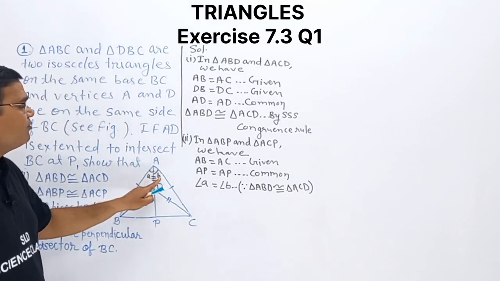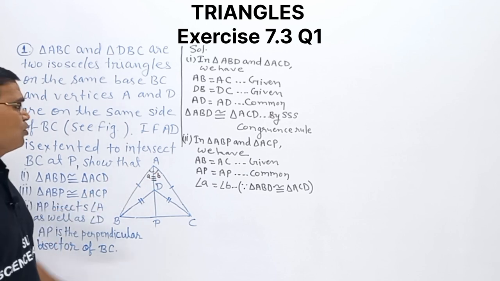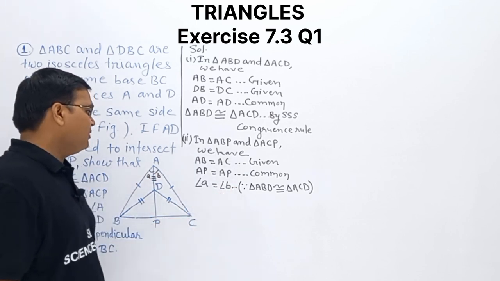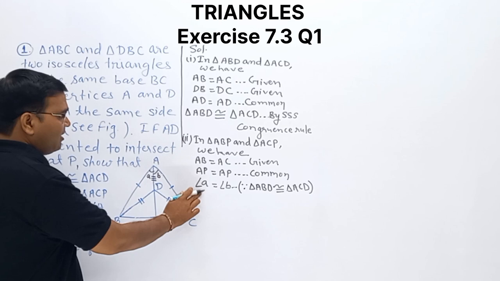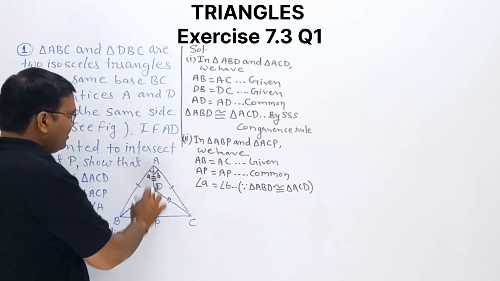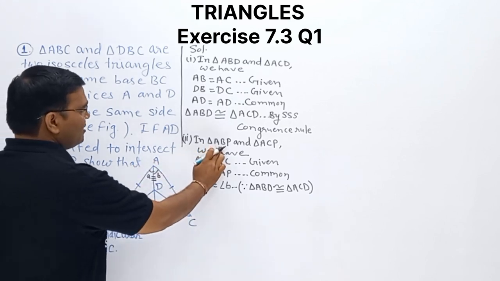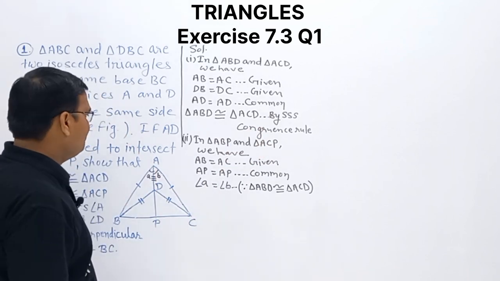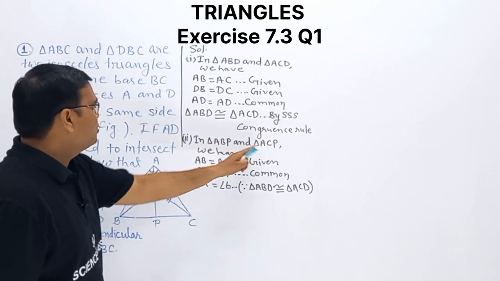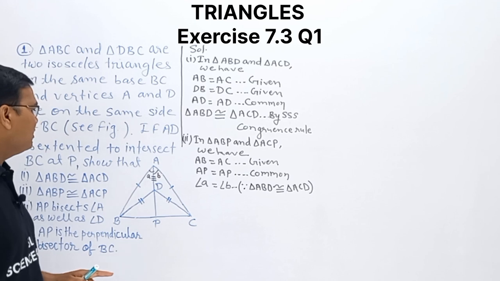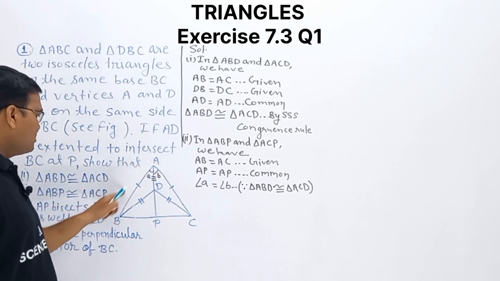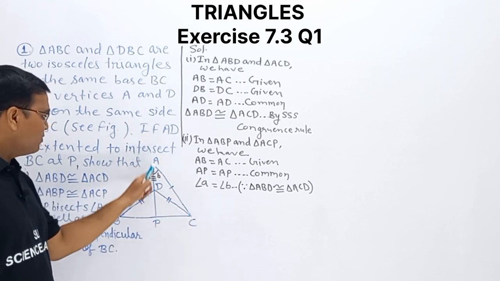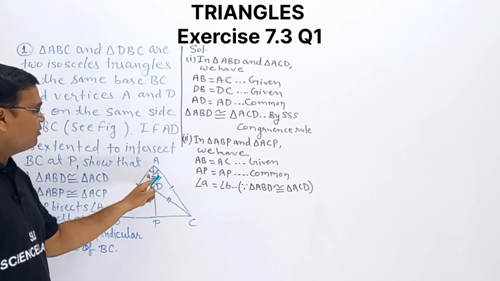So this angle will be equal to this one. So we can say angle A equal to angle B. Now this is useful for these two triangles, triangle ABP and triangle ACP. Now in these two triangles we want to show congruence. So this side equal to this one is common, and this angle equal to this angle.